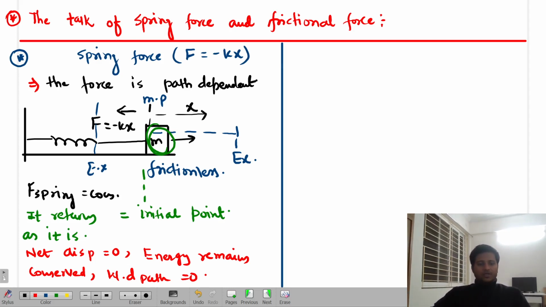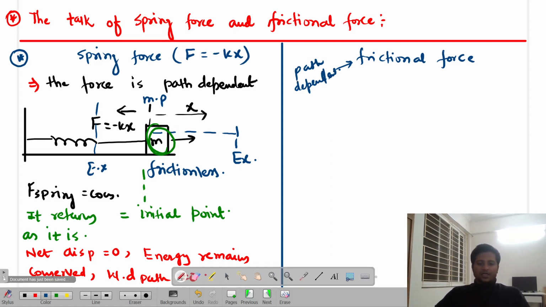Now, if I talk about frictional force, is it also path dependent or not? For a different path, I'll have a different frictional force or not? So frictional force is also path dependent.